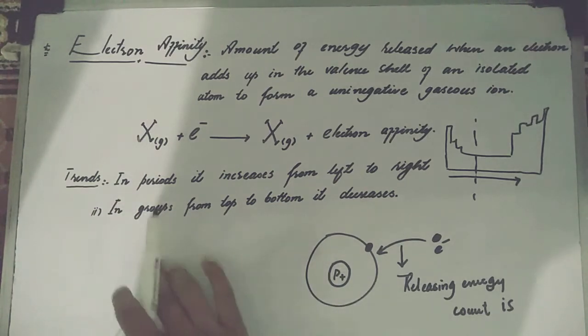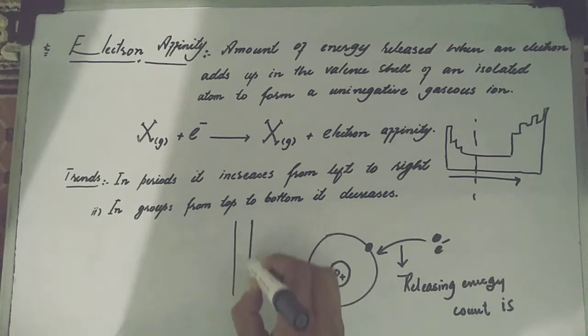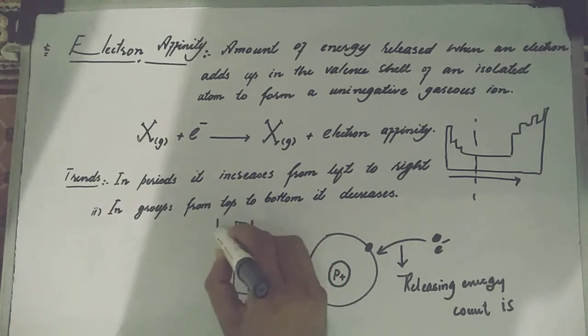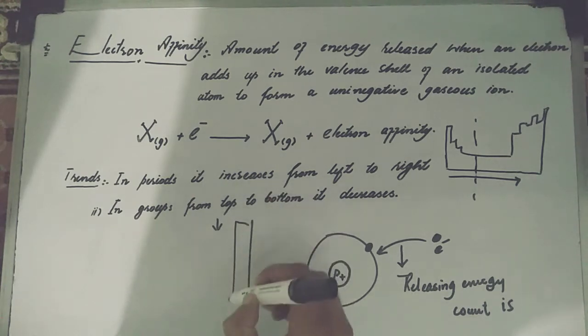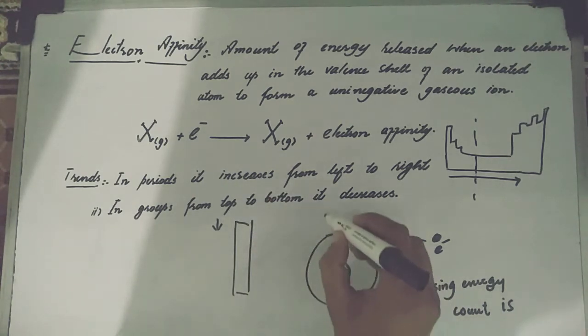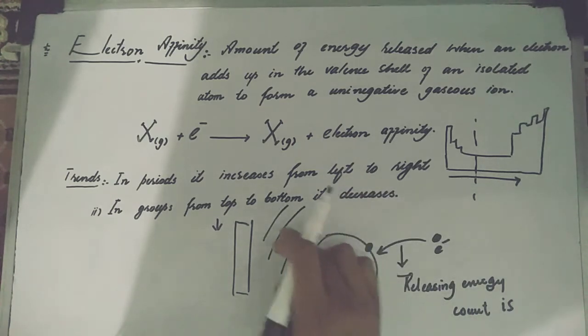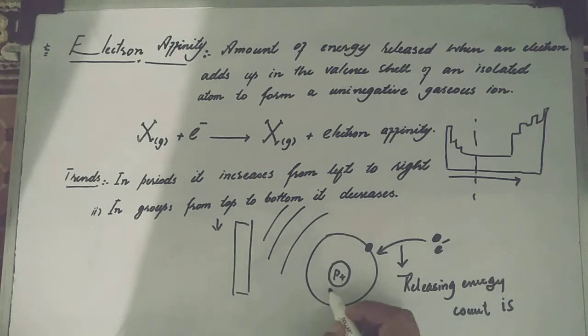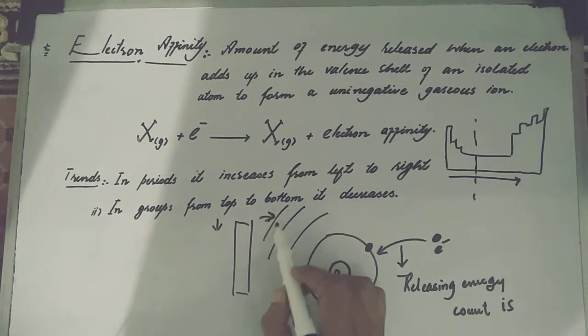In groups, however, as you move from top to bottom in a group, the atomic size increases, which means that you are adding many more shells, and similarly you are adding positive charge, but the atoms become kind of saturated down the group.